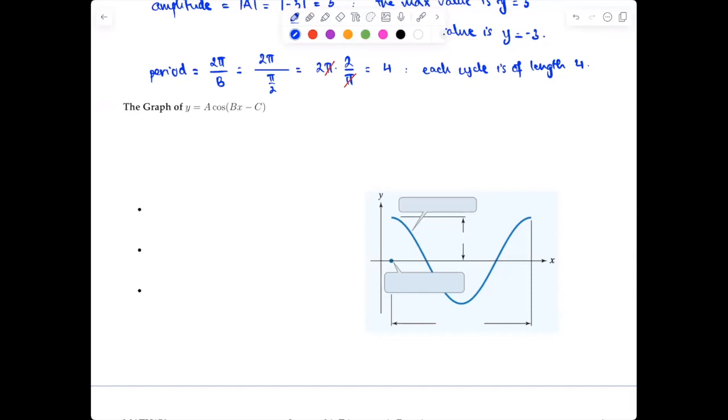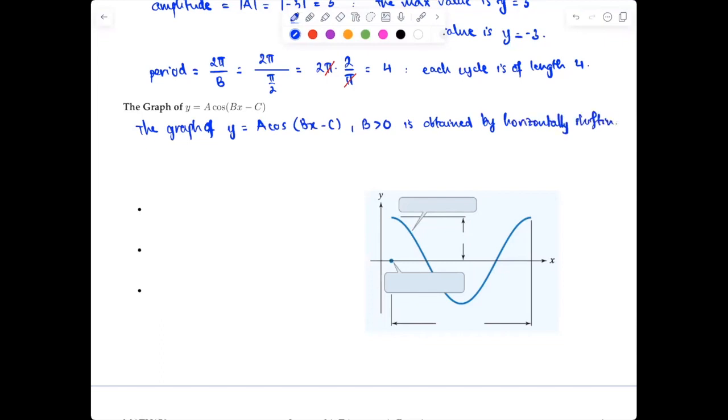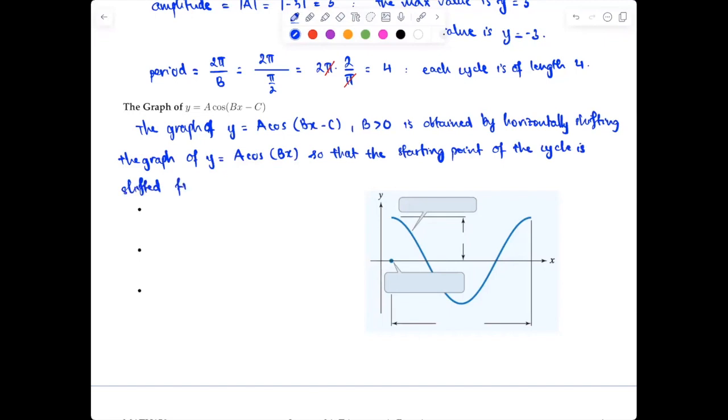So the graph of y equals a times cosine of bx minus c, for b greater than 0, is obtained by horizontally shifting the graph of y equals a times cosine of bx, so that the starting point of the cycle is shifted from x equals 0 to x equals c over b.